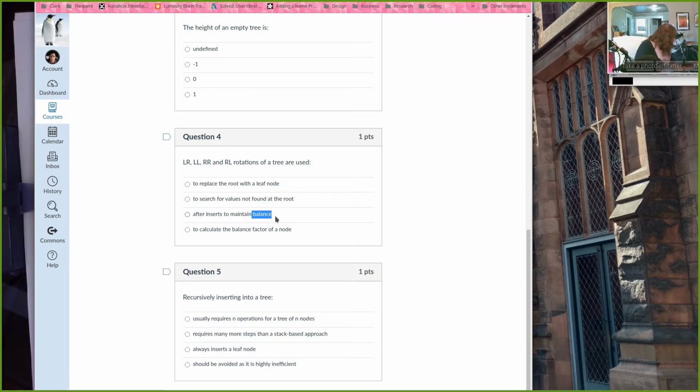And we'll explain it next week. Well, we'll come back and, yeah, I don't even know if I put reasonable guesses to replace the root with a leaf node. Search for values not found at the root. Calculate the balance. Yeah, so most of those answers are totally bogus.